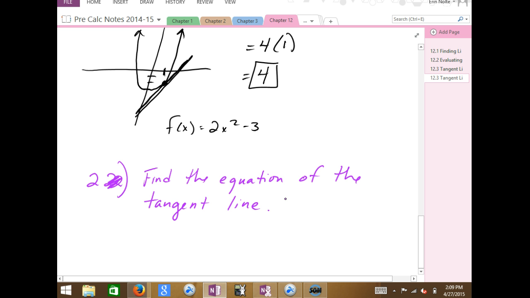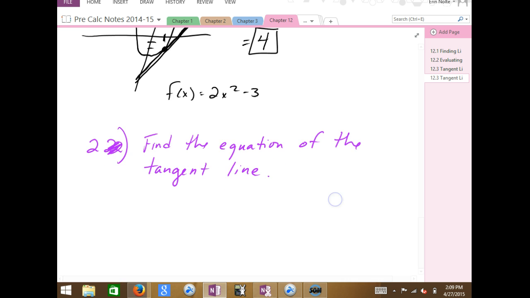The second thing they ask you to do is find the equation of the tangent line. So let's say they give us my function as x squared plus 8, and they're saying specifically at the x value of -1. So what is different from this question versus question number 1?